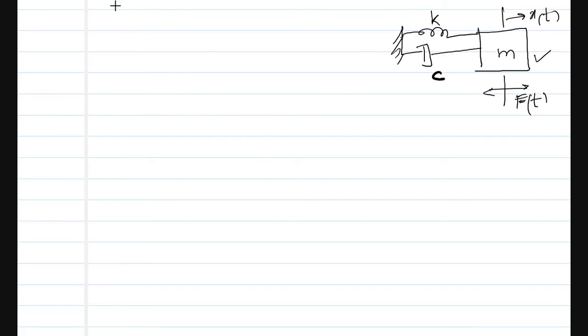Now we want to model this system. For this we have to use the same principle, that is summation F equals m x double dot, which is Newton's second law of motion. Now m x double dot remains the same on the right hand side. On the left hand side, the forces that are present within the system, or the restoring forces, you have to write with the minus sign.